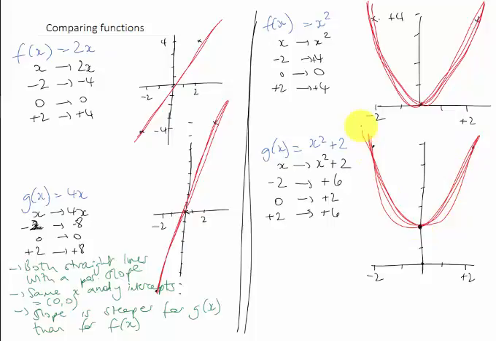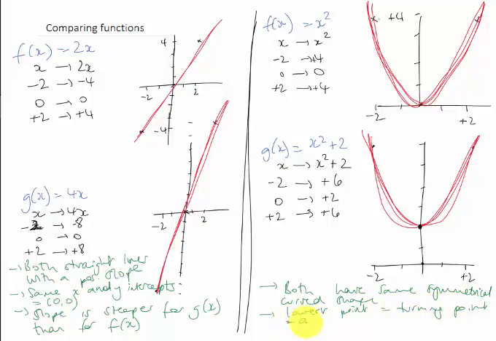So you can see that, again, there are similarities and differences here. So they both have the same symmetrical curved shape. The lowest point of the function is at the turning point, which is always at x equals 0.